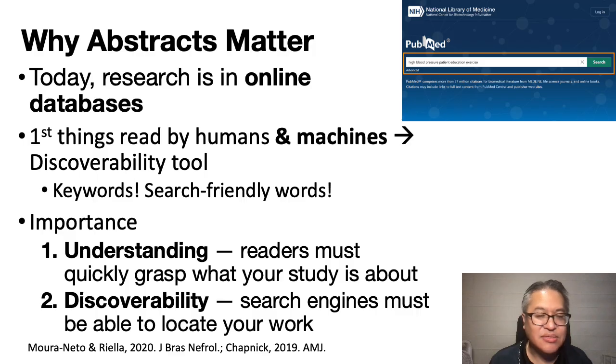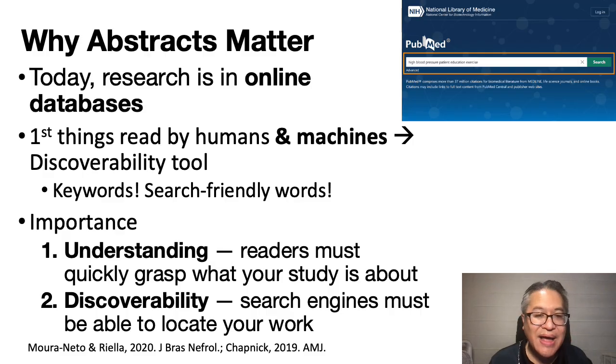These systems scan titles and abstracts to determine whether your paper matches a user's search. This means that if your abstract does not include the correct terminology, keywords, and concepts, your paper may never appear in search results, and therefore may never be read or cited.